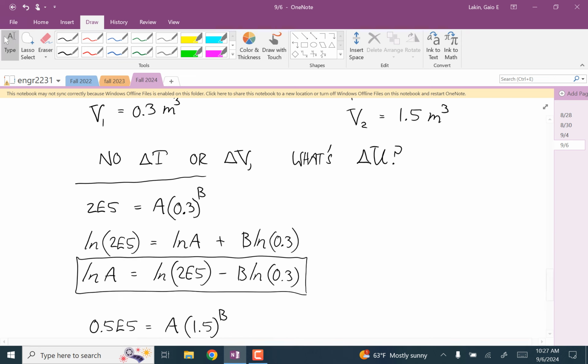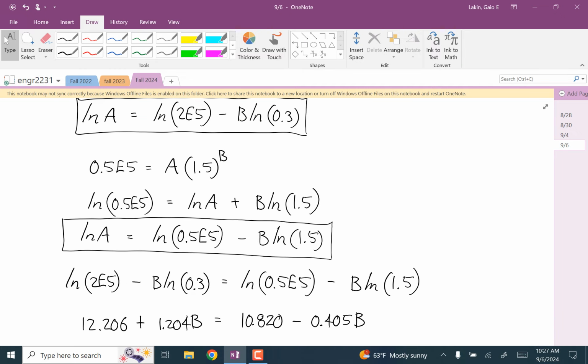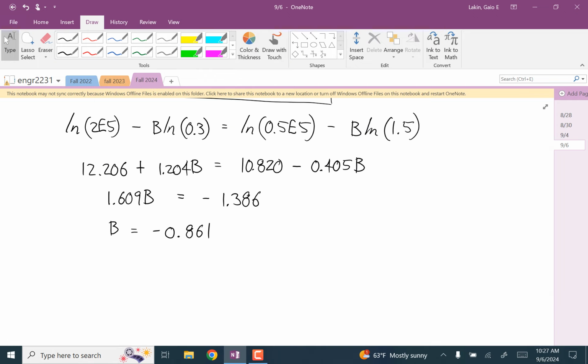And so now you can go to any equation you have up here to calculate A. I'm going to go 0.5 times 10 to the 5th divided by 1.5 to the power of negative 0.861. And so A is equal to 70,889.9.